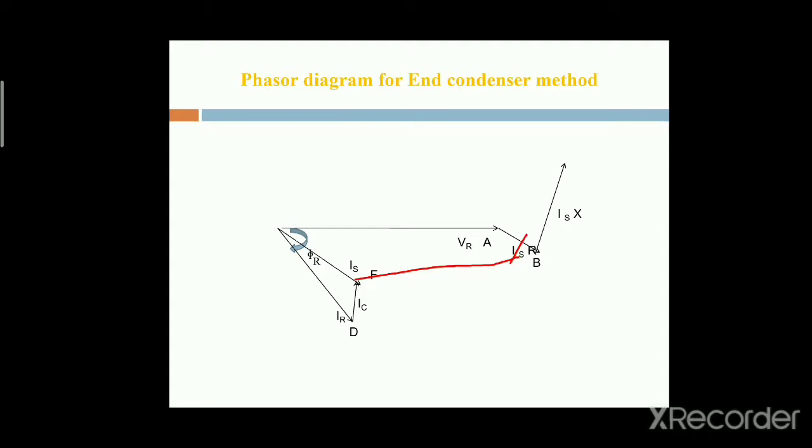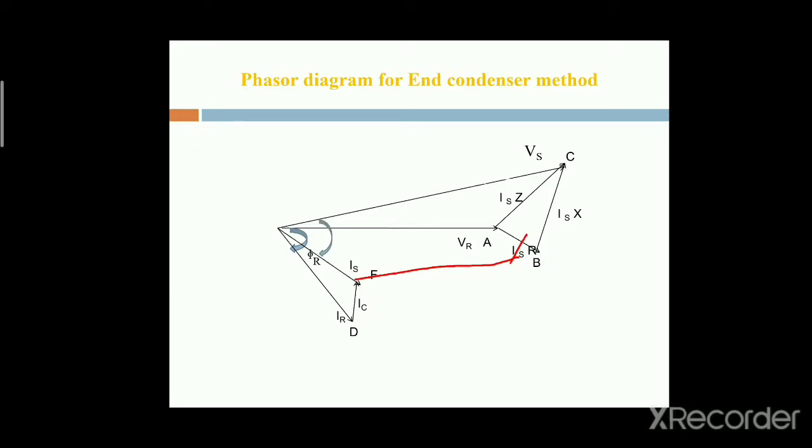The vector sum of these points A, B, C is the ISZ, that is the impedance drop. By adding the impedance drop to the receiving end voltage, we obtain the sending end voltage Vs.